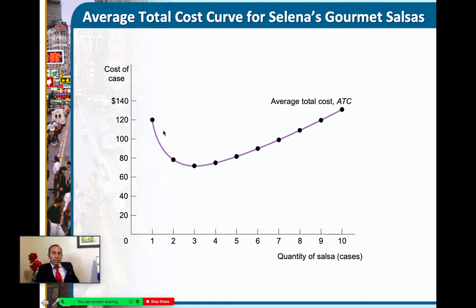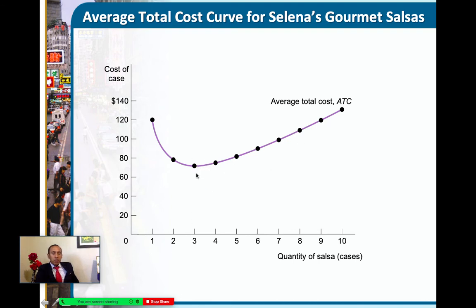And that indicates that the average cost of operation declines as you produce some units of output, and when you reach here, 3 units or 3 cases, that's your lowest point on the average cost curve, and then it increases thereafter. After 3 units, the average cost of operation begins to rise.